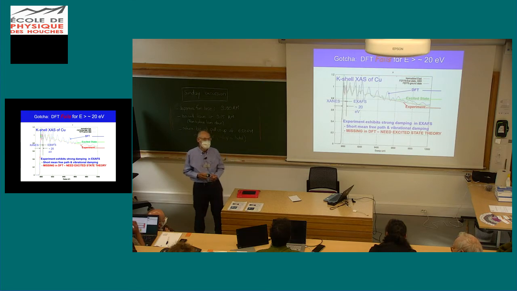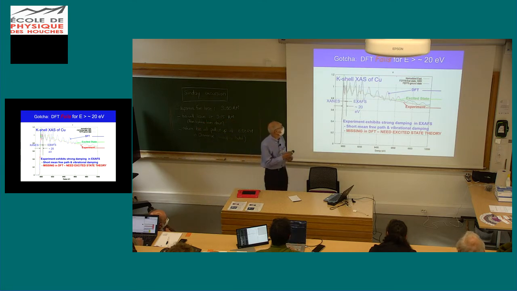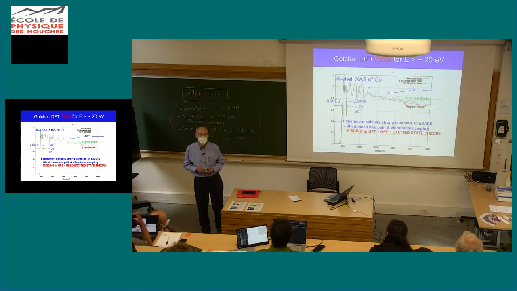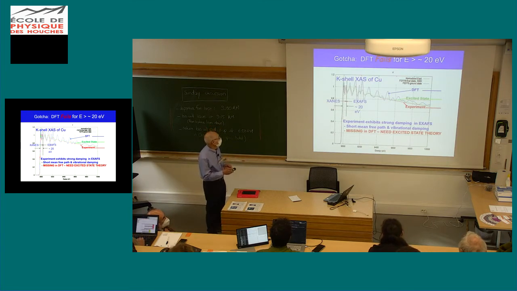Hooray. But as one goes up in energies beyond that, you notice that the experiment shows a lot of damping of features. And maybe you see it, but there are also shifts. So the structure is all messed up. And when they tried to extract structural information from this XAS, it was unsatisfactory. So what's the reason for that, and how do you fix it?